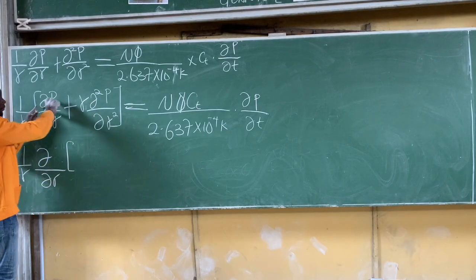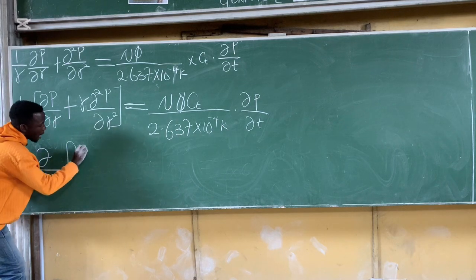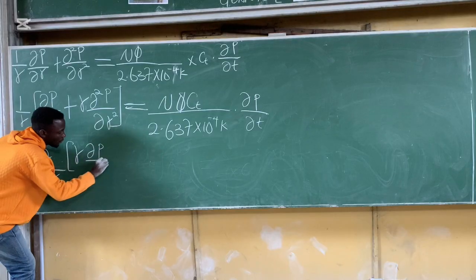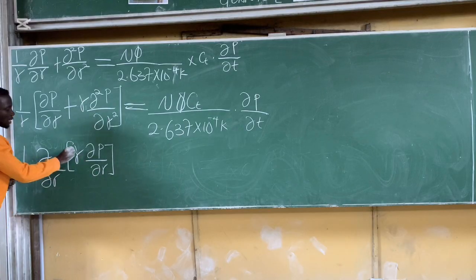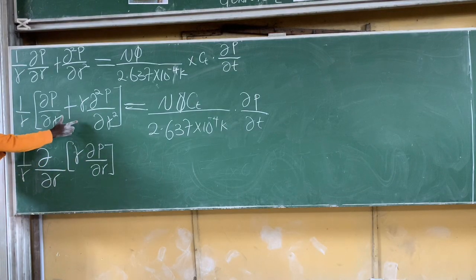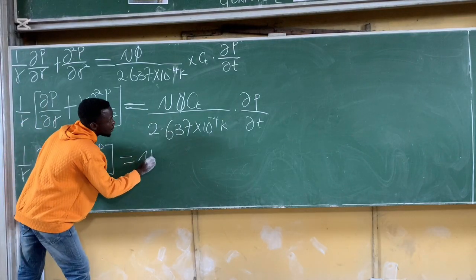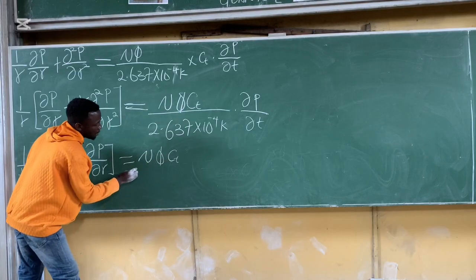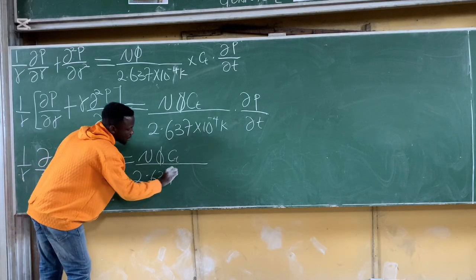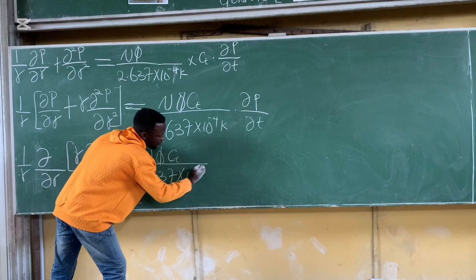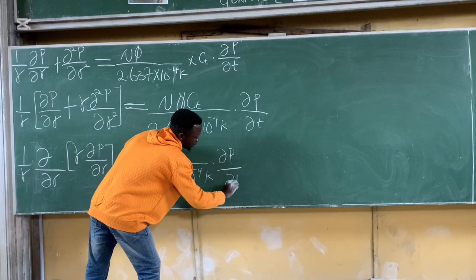So, instead of writing this whole thing, I simply express this in terms of product rule as r dp divided by dr, so that if you differentiate this term in terms of product rule, you are still going to have this particular equation. So this now will be equal to mu phi c_t divided by 2.637 times 10 raised to the power of minus 4 k dot dp/dt.